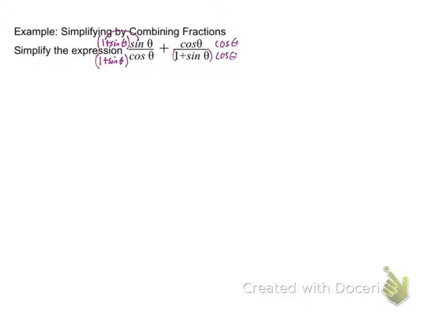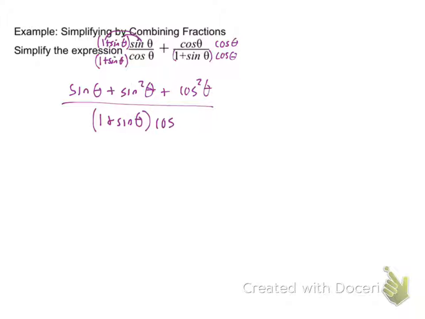If I distribute on top, I get sine theta plus sine squared theta plus cosine squared theta. Do you agree with that? All of that is over 1 plus sine theta, cosine theta. What happens? That's 1 again.